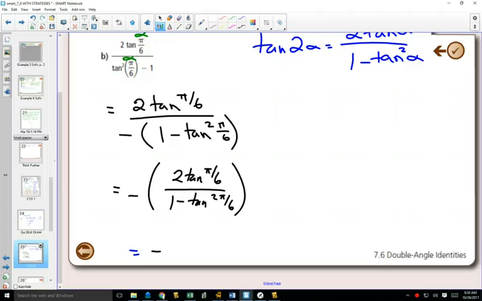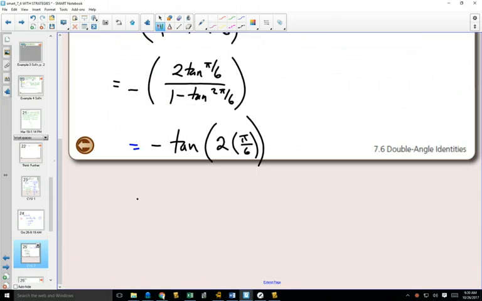And so this is equal to negative tan of 2 times pi over 6, which simplifies to pi over 3, and you know that value from your pi plate. Still was a fair bit of work with the manipulation, so again, in this one, you might have preferred just to plug in root 3 over 3 for tan and try to simplify it.